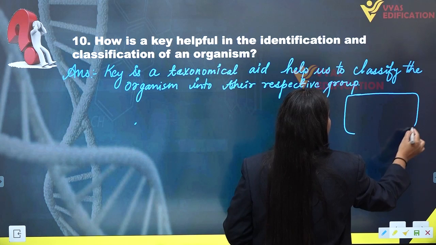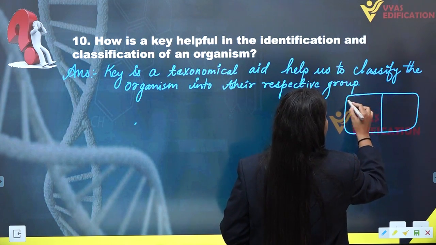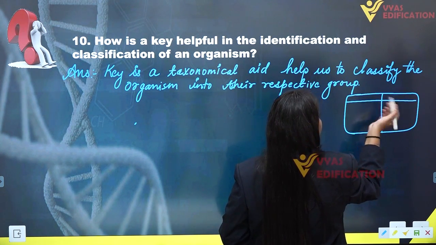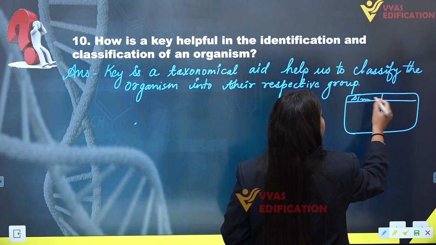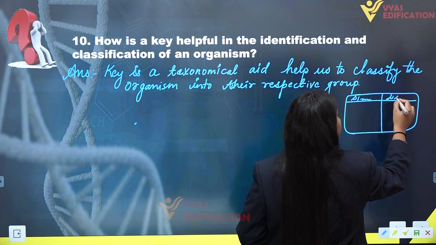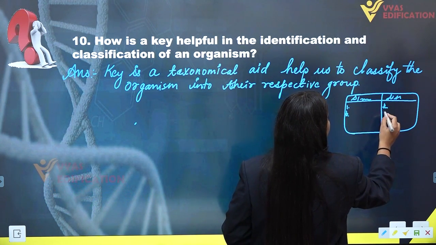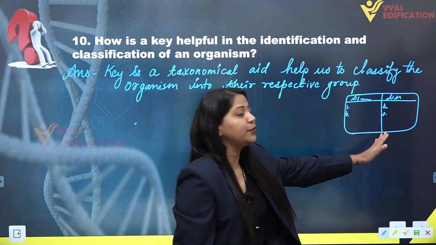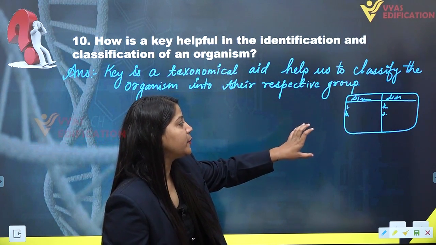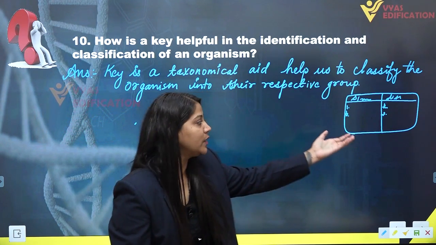We have separate columns, and in one column we will have similarities, in another column we will have dissimilarities, and the statements are given like this: first statement, second statement of similarity, first statement, second statement of dissimilarities. Generally the statements occur in pairs.